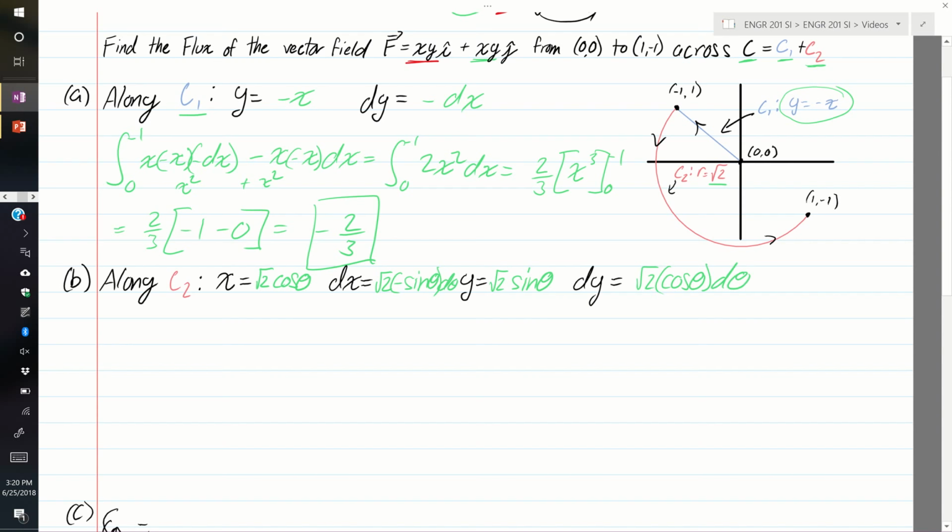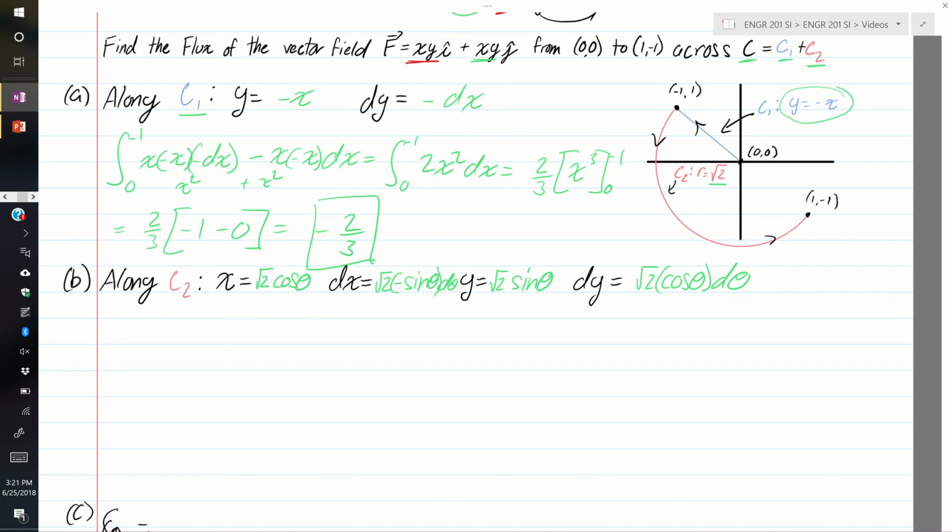Again, we need these d thetas because we're taking the derivative of x and y with respect to theta. Because y equals a function of theta, x equals a function of theta, so the derivative has to be with respect to theta. And so then we have our d thetas for our dy and our dx.